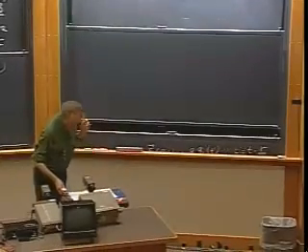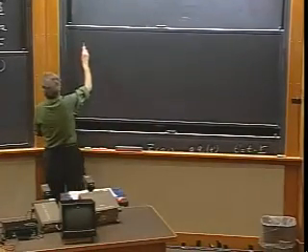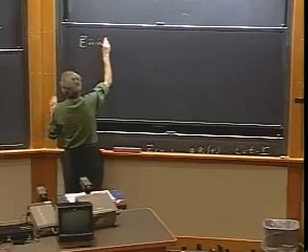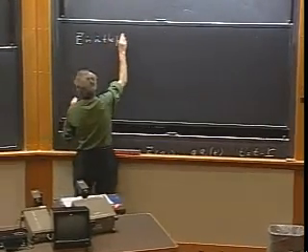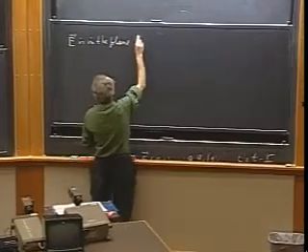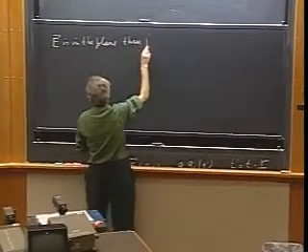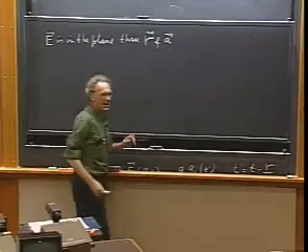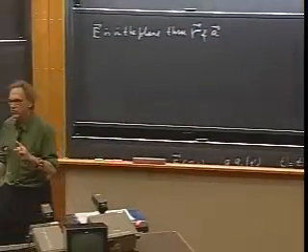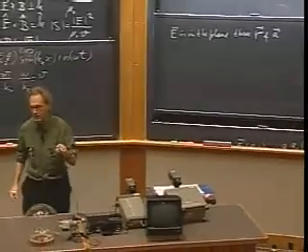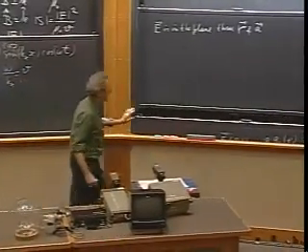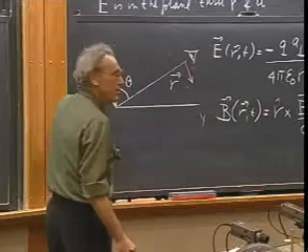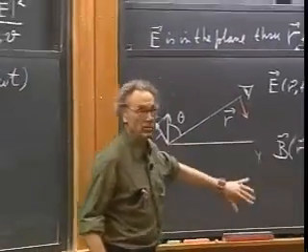So a summary which is very good to remember is that E is in the plane through R and A. In the plane does not mean into the plane. It's in the plane. So look here. The plane through A and R is the blackboard.